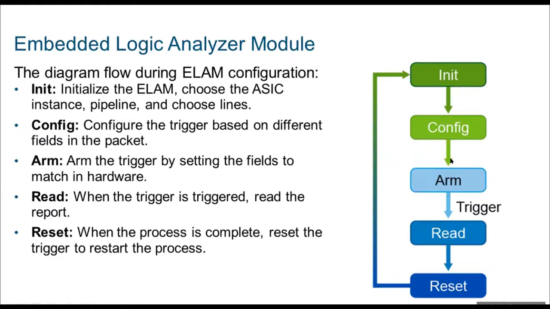Trigger is based on different fields inside a packet. You'll tell it to look for certain fields. Then you arm the trigger, saying, when it matches in hardware, you'd like to get the information. Trigger is triggered, you can see the report. No one used it? IOS XE, IOS XR, NX-OS, they all have ELAM.